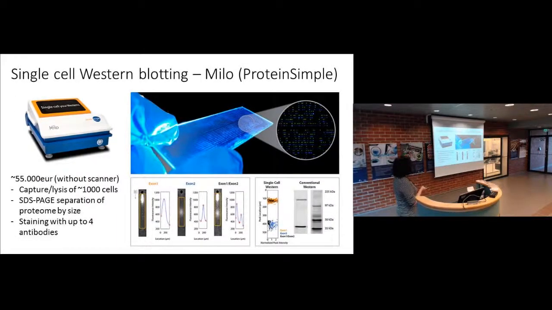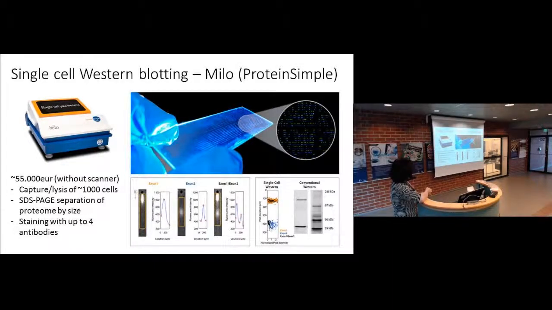Then a very recent one, which we actually decided yesterday in our department to buy, or at least test first, if other campuses will also put some money on that. It's a 55,000 euro scanner. It's single-cell Western blotting, which is a brand new technique. You can capture about 1,000 cells in these chips. There are tiny holes fitting one cell each.